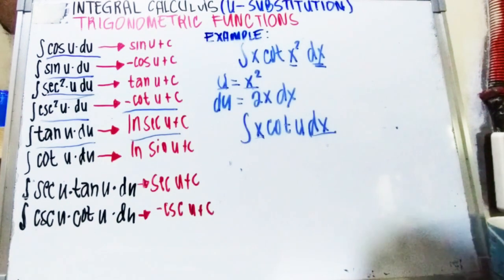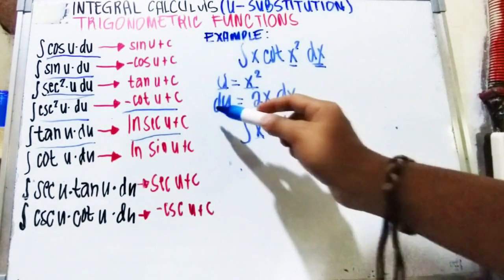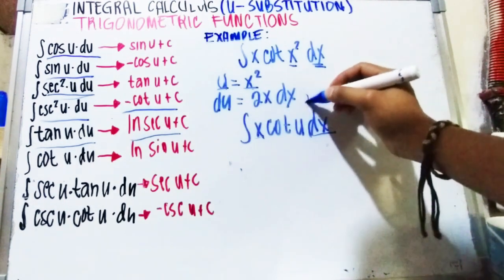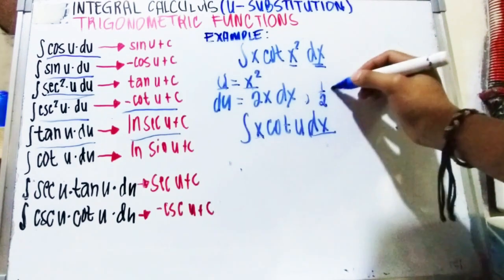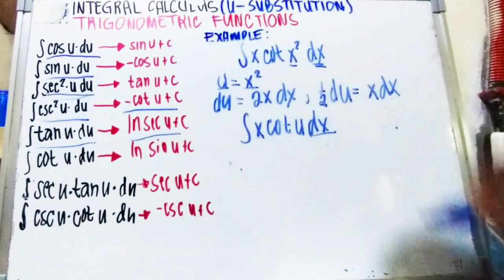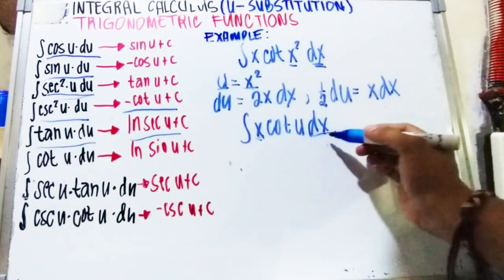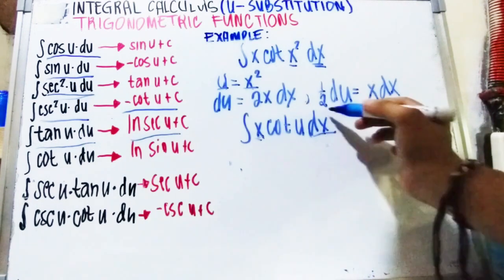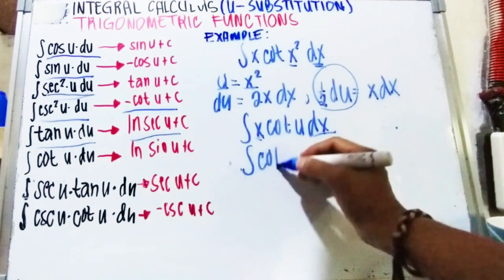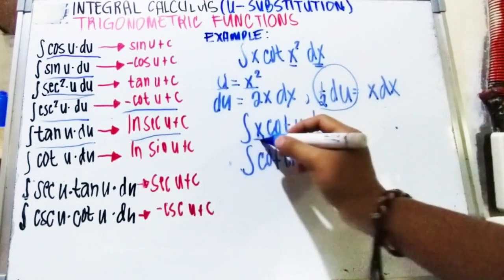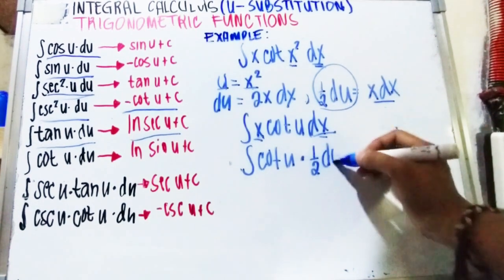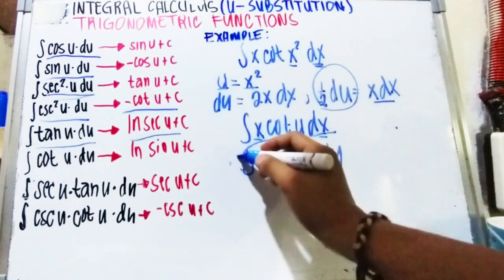Meron tayong remaining na term na x dx. At yung du natin is equals to 2x dx. We can further evaluate this one at magiging 1/2 du is equals to x dx. Ibig sabihin, yung x dx natin, pwede nating i-represent ng single term na 1/2 du. Rewriting this one, magiging cot u times 1/2 du.